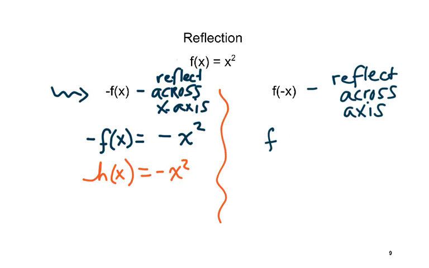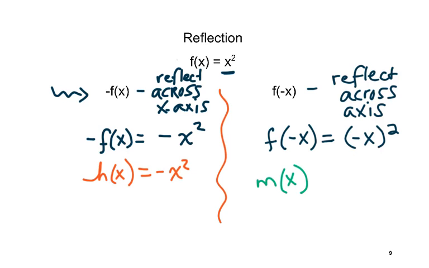So we write this like this. Anywhere where there's an x, like right here, we're going to write a negative x, but we must put it in parentheses before we do the operation that makes it the function. So let's define this one as m of x, the reflection across the y-axis.